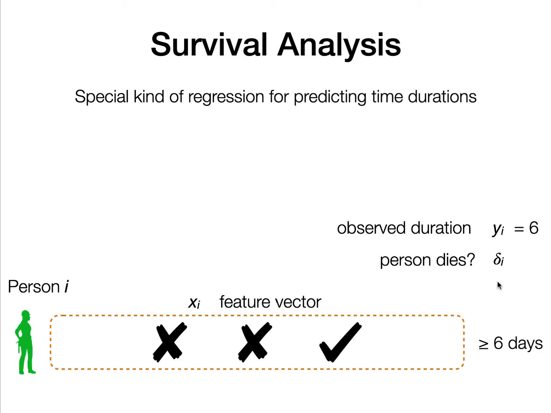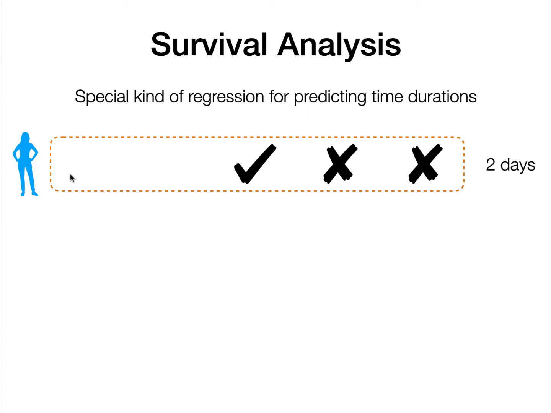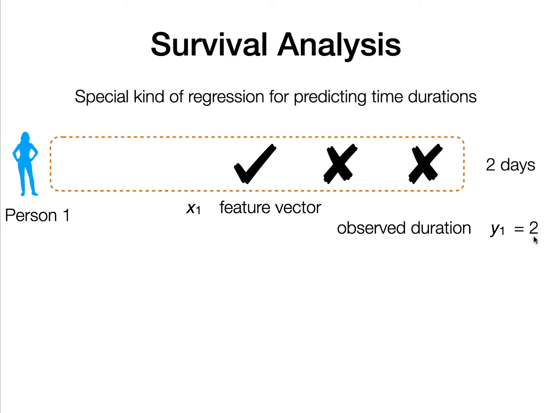And then we also keep track of what's called the event indicator delta i, which is in this example saying does the person die or not in the training data. Because we have this greater than or equal to sign, this patient was still alive when we stopped collecting training data, so delta i would be set to be equal to 0, meaning that death did not happen. Whereas for the first patient that we saw, person 1, the feature vector would be denoted as x1, and the observed duration y1 is, in this case, equal to 2, and whether the person dies, the event indicator delta 1 is equal to 1 in this case.